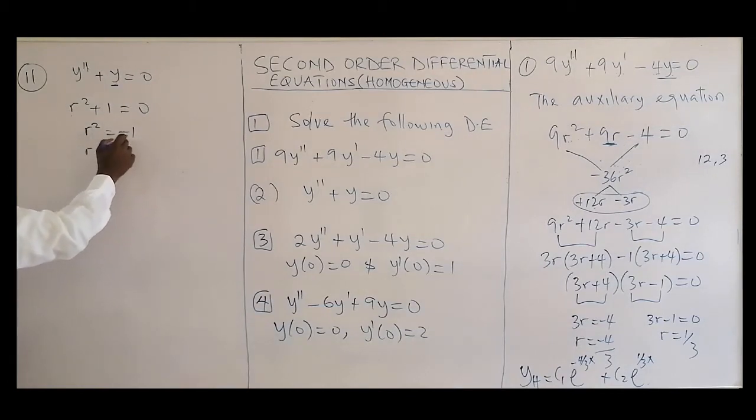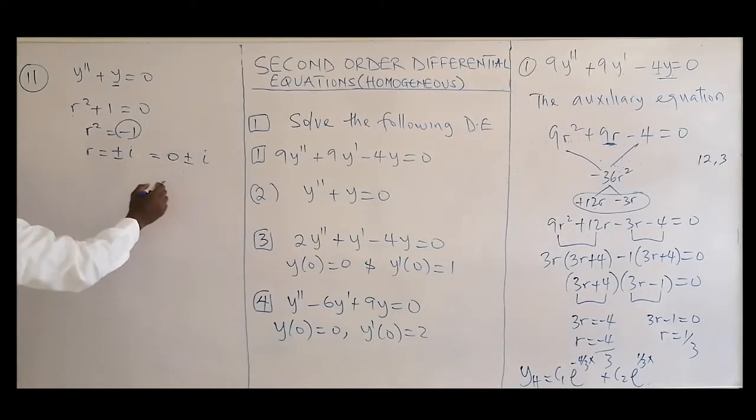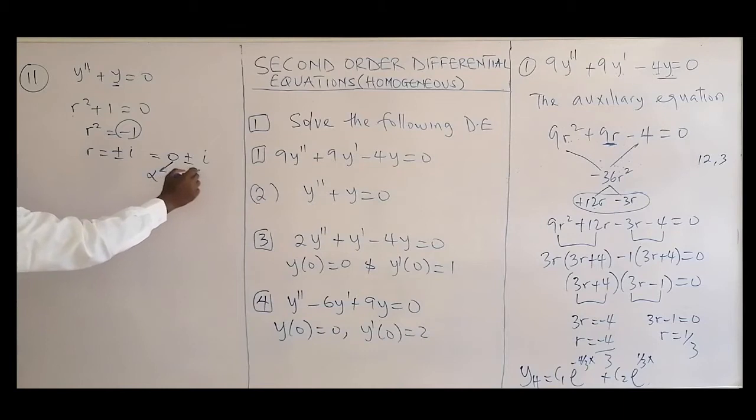So r is equal to plus or minus i. The real part here is 0, so this is what we call alpha. The imaginary part here is the beta, which is 1.